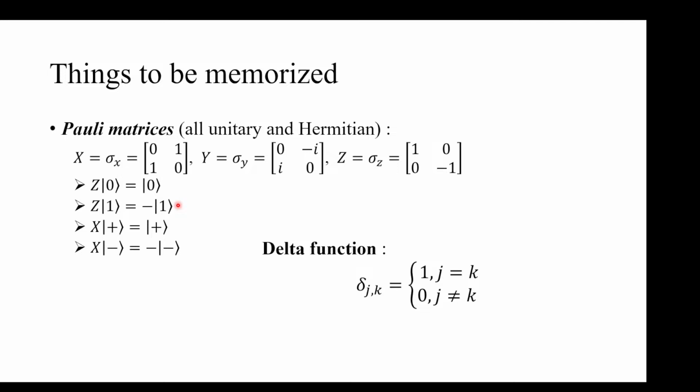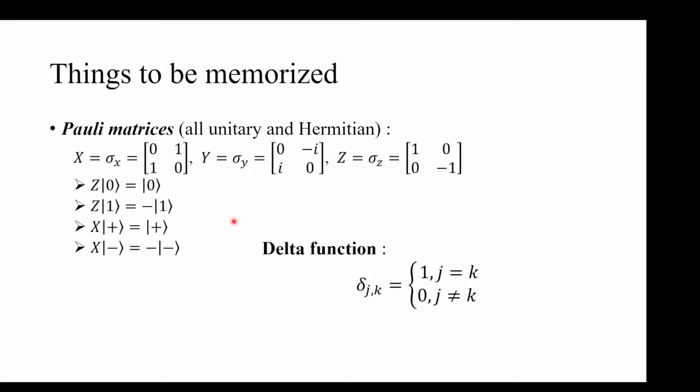We also know the eigenvectors of the X matrix, which are the plus state and the minus state. The plus state has eigenvalue plus 1, and the minus state has eigenvalue minus 1.